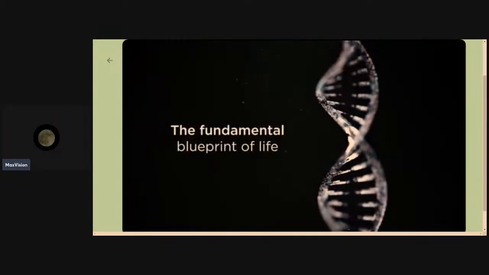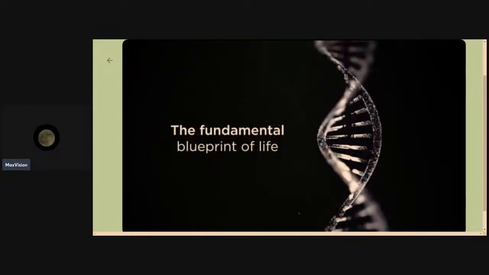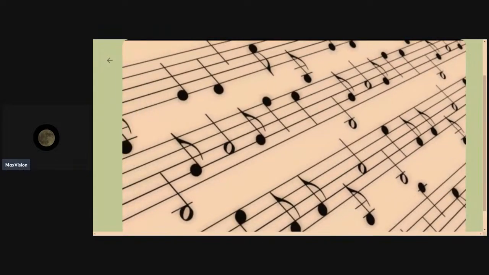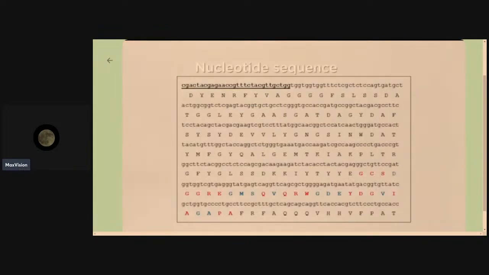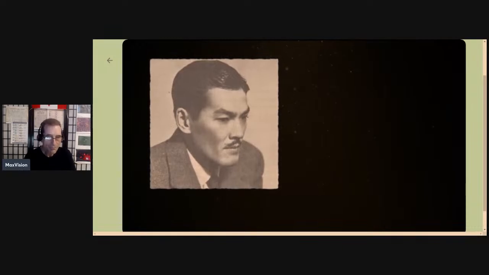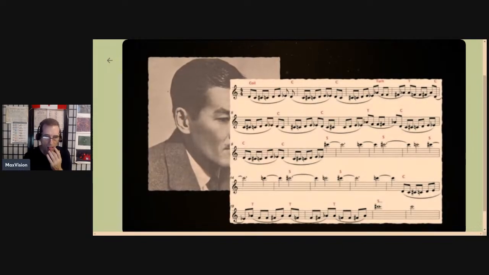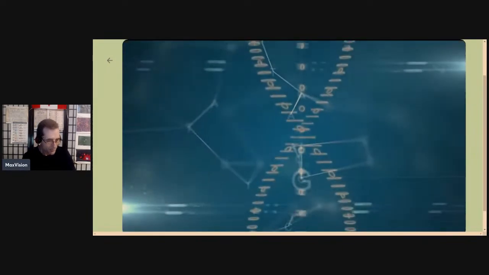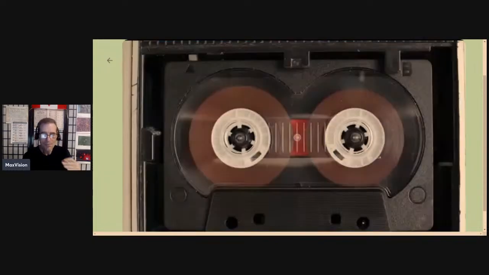If DNA, the fundamental blueprint of life, can be transformed into music, what potential influence could music have on our genetic code? Ono's approach of converting DNA into harmonious melodies highlighted the underlying connection between the complex language of genetics and the universal language of music.